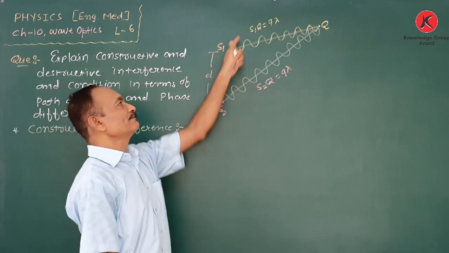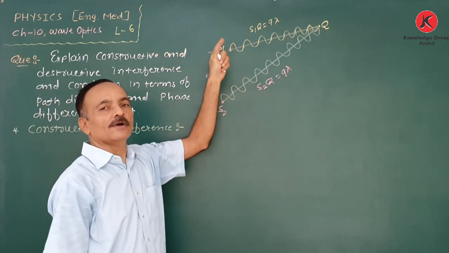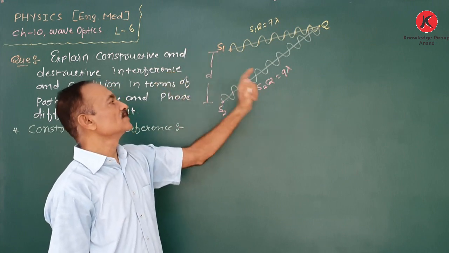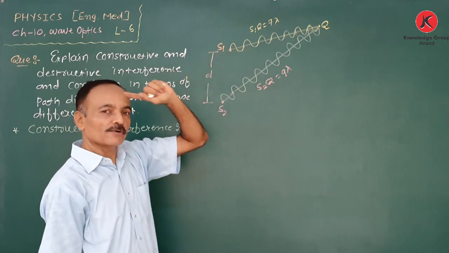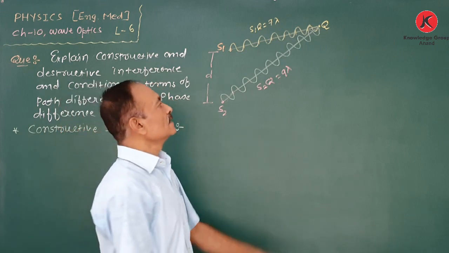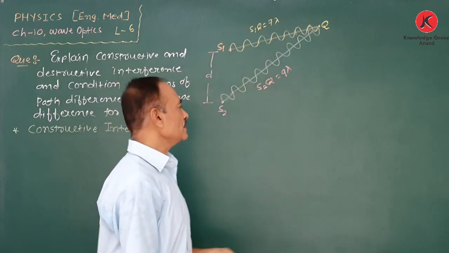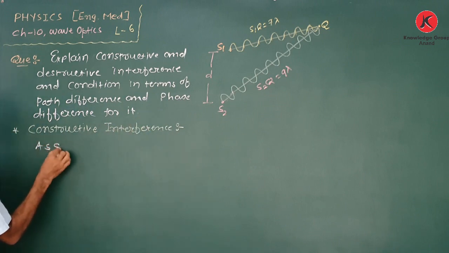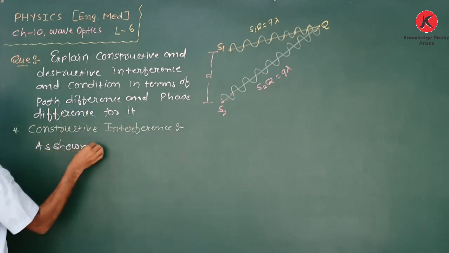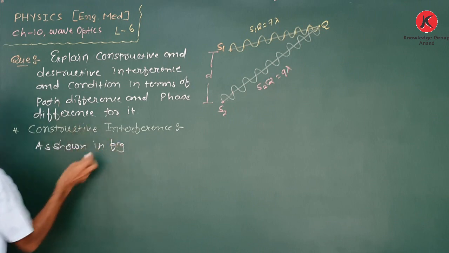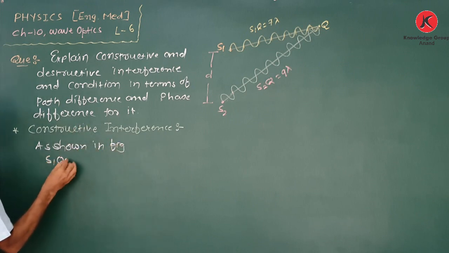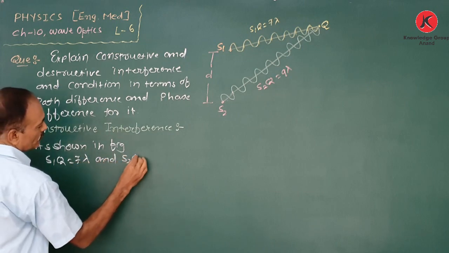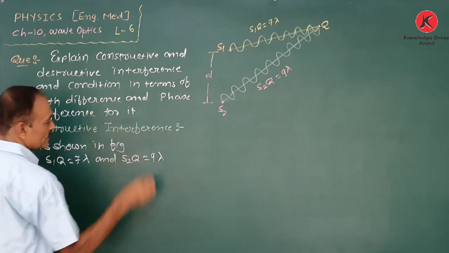Now what is the path difference between these two waves emitted by the two sources S1 and S2? So here there is 2 lambda, 2 lambda in the same phase. Therefore, as shown in the figure, S1Q is equal to 7 lambda and S2Q is equal to 9 lambda.